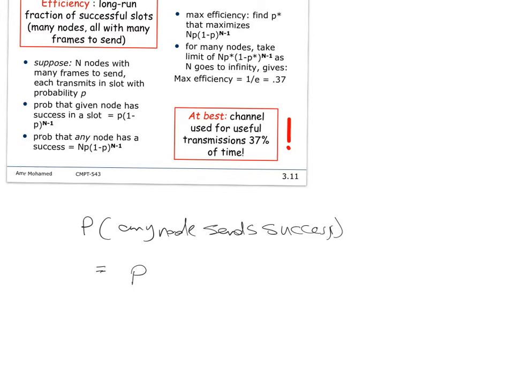What is the probability that all the other nodes will not send on this particular time slot? 1 minus P. So if we have n nodes, n minus 1 nodes will have to abstain from transmission, which means that the probability is 1 minus P to the power n minus 1.